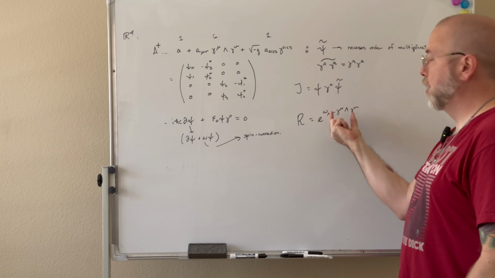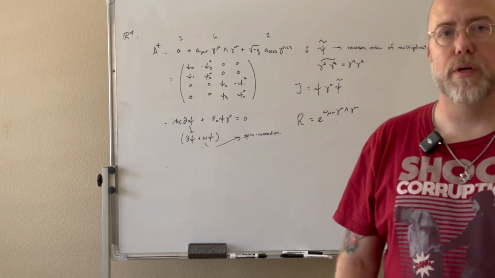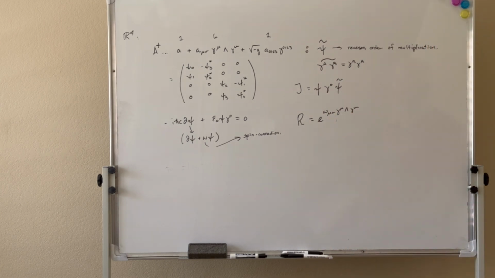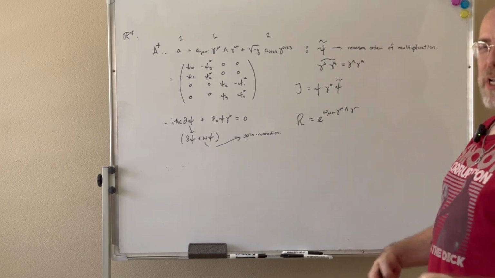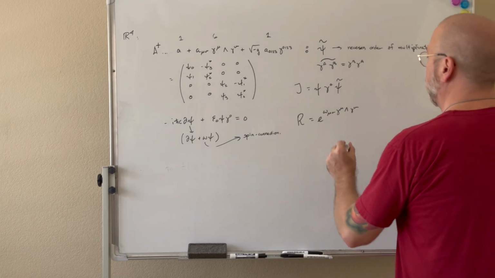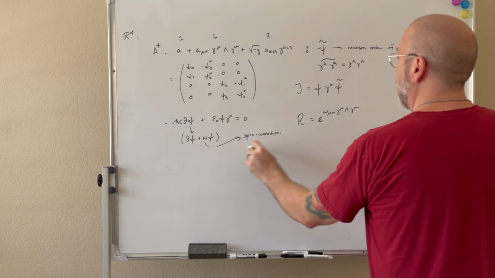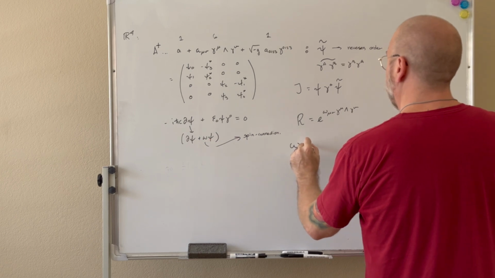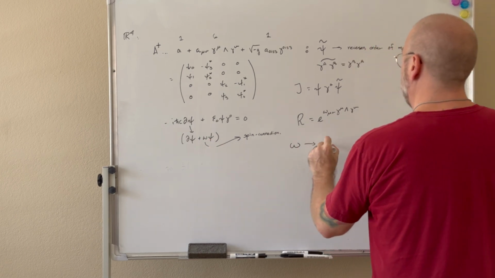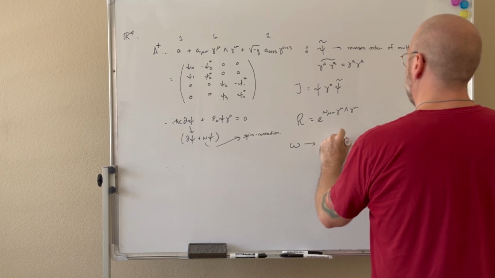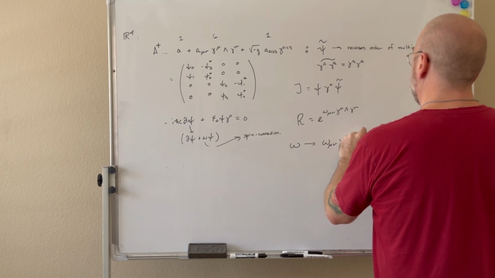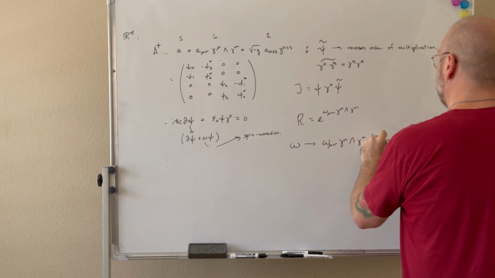So this whole thing up here is an even element. And again, I'm omitting constants, okay? Which is why then this omega from our derivative here is proportional to this. So it's some constant times something like this. That's called the spin connection.